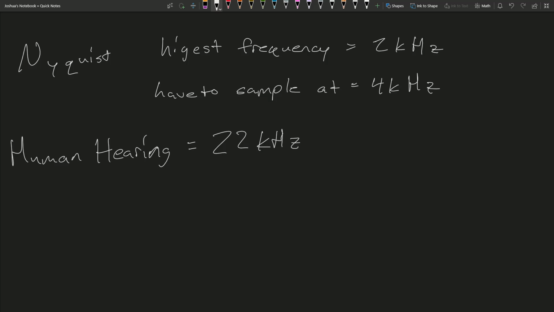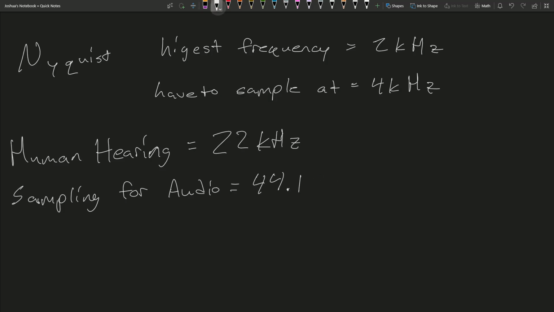So then they say all that you have to sample at for music is just 44 kilohertz, or for some reason they do 44.1 kilohertz.